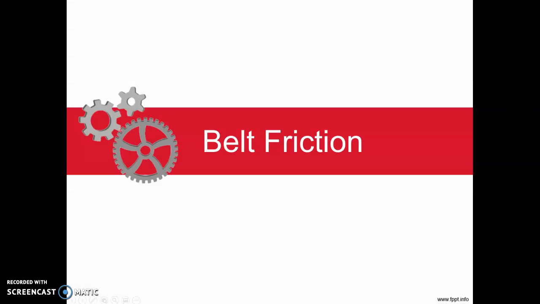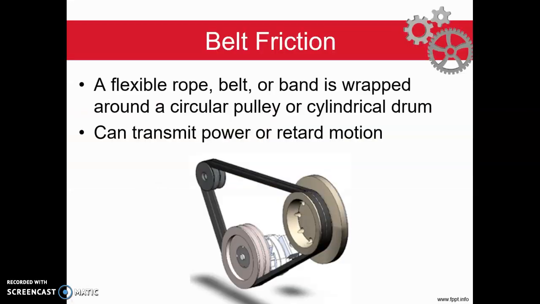is belt friction. So belts are a common way to transmit power in a mechanical system, or they can also be used as a way to slow down or retard motion.